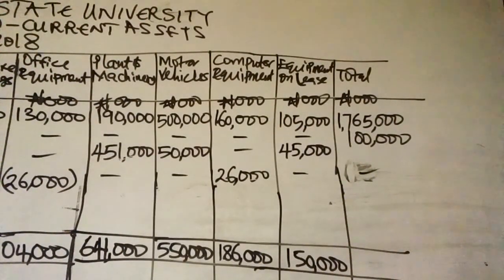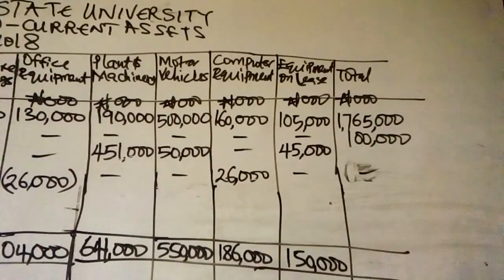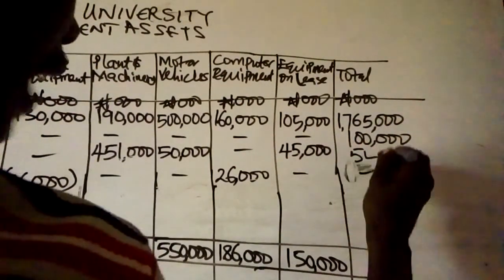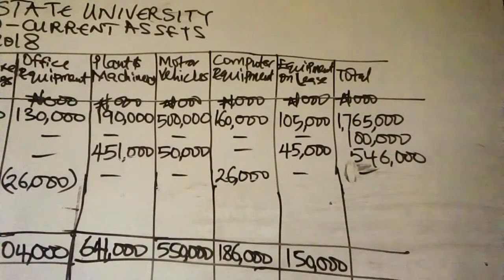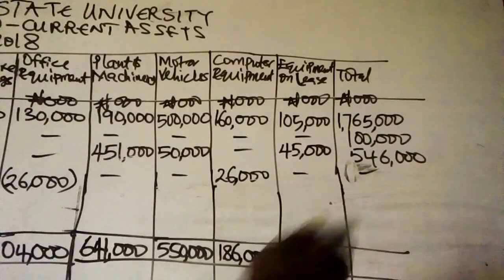Okay, now the addition. Let's sum up the addition. 451,000 plus 50,000 will be 501,000, plus 45,000, and that will be 546,000. That is the total of the addition, by the time you sum up the column of addition.